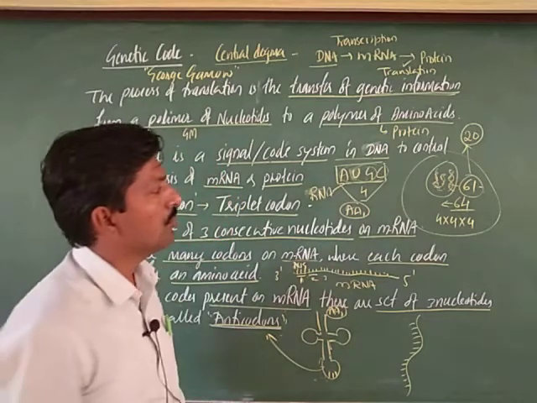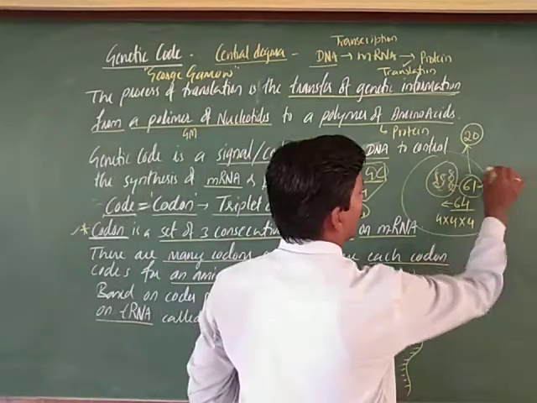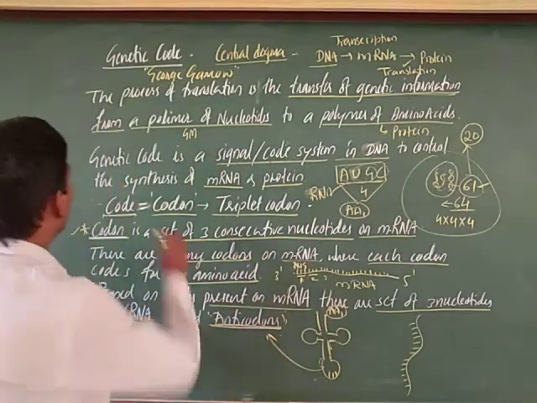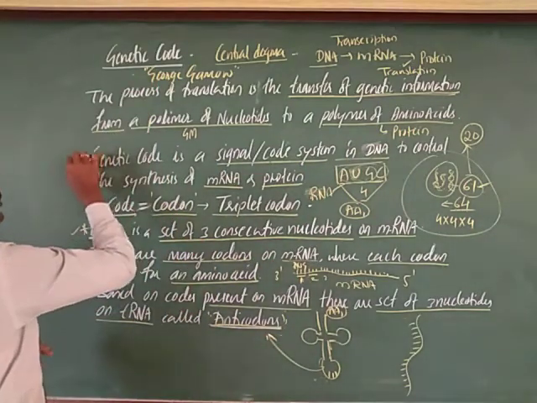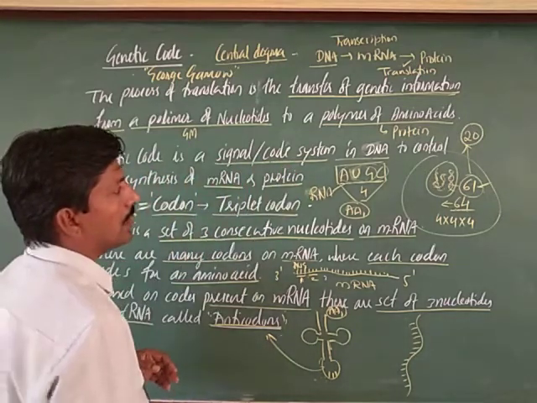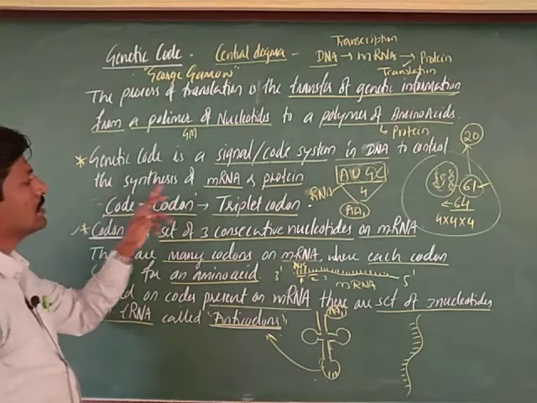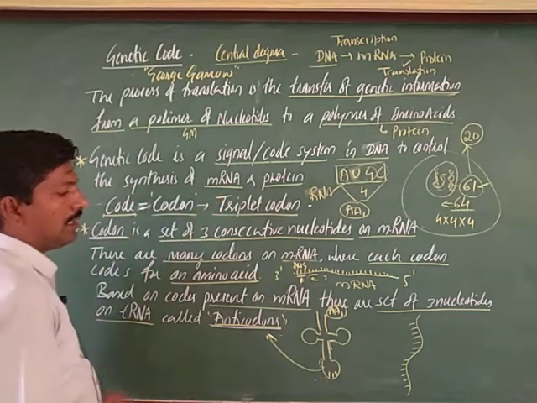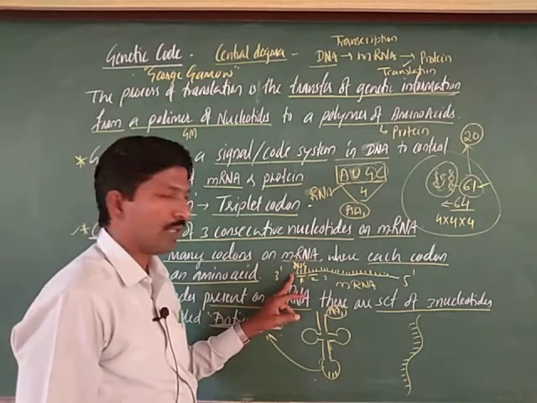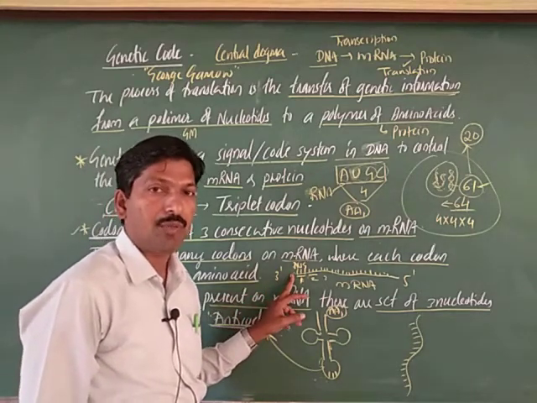Related to that, you remember at least this here in the introduction part. For the genetic code, you should remember this point: the genetic code is a signal or code system in DNA to control the synthesis of mRNA and proteins. If the codons or consecutive nucleotides change in the genetic material, that is called mutation.